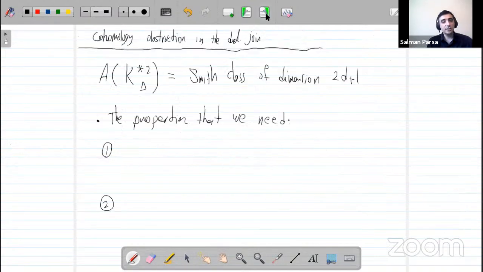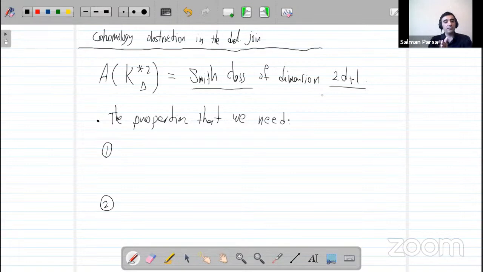But I will use instead the Smith class of dimension 2D plus 1, which is similar, but it has an additional benefit, which allows us to compute the class of the join in terms of the factors easier.